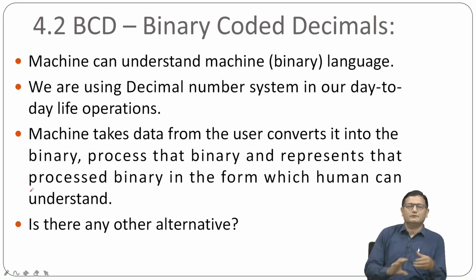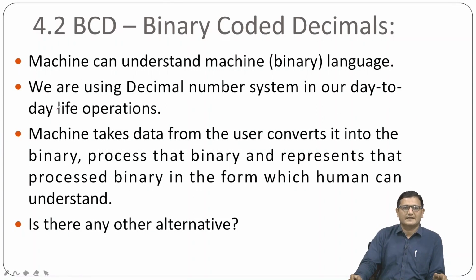We will go ahead with what BCD actually is. See, a machine can understand only one language, the language of ones and zeros, which is known as machine level language, low level language, or binary language. In our day-to-day life we use the decimal number system.